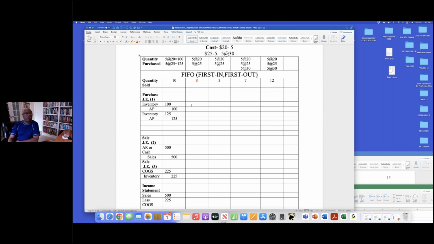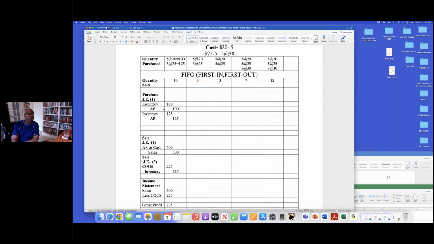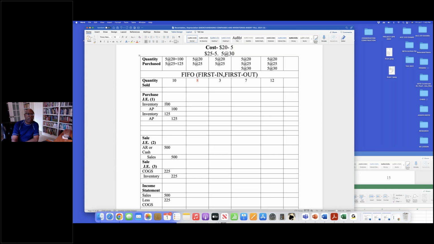Okay. So these entries are going to stay the same, right? So the purchases are the same. Right.